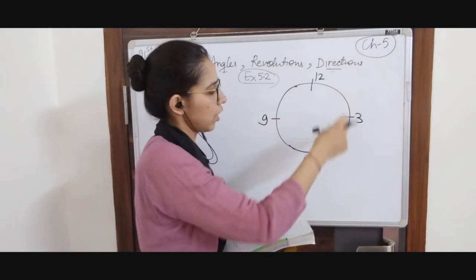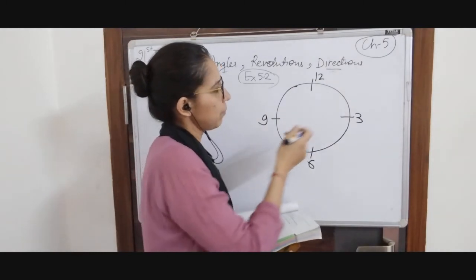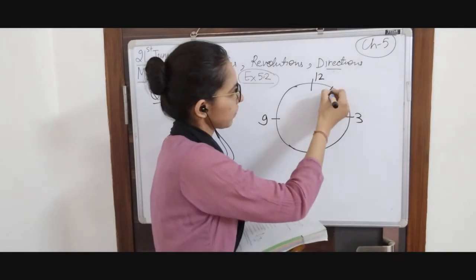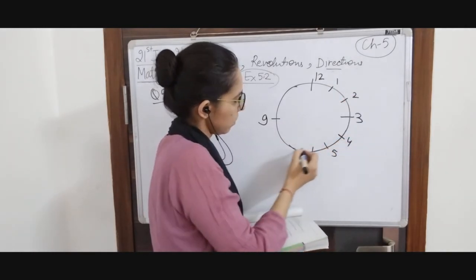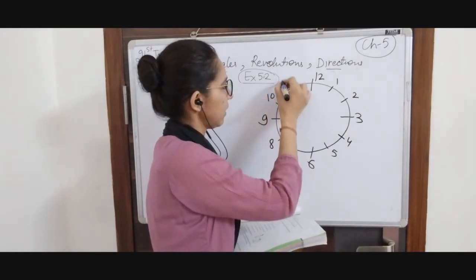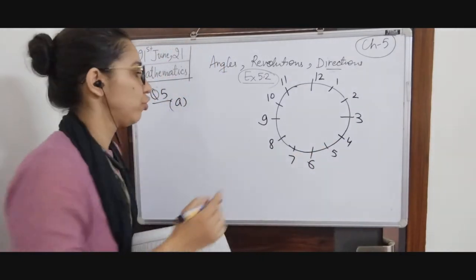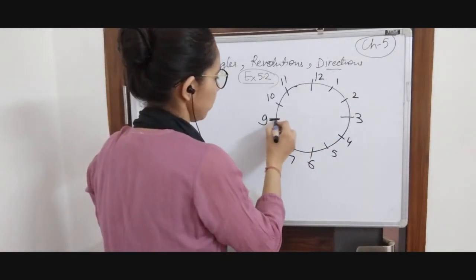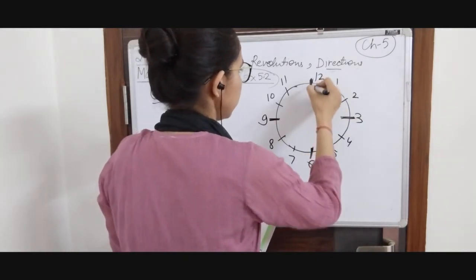You will draw this clock using either a compass or some round figure. Rough figures are not allowed in your fair notebooks. The divisions should also be equal. This is your 9, 3 and 12.